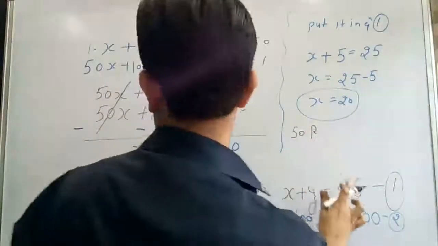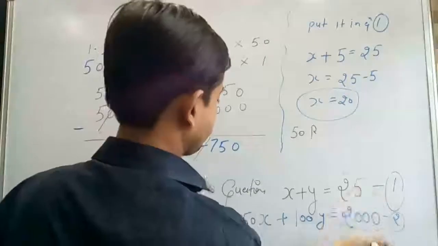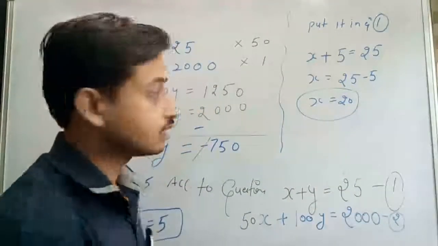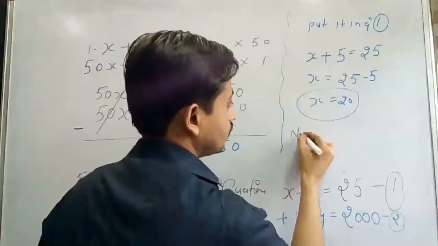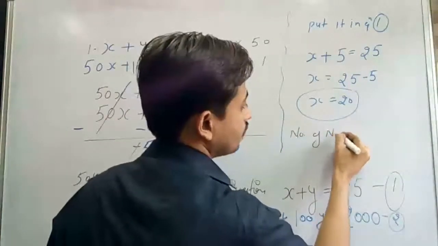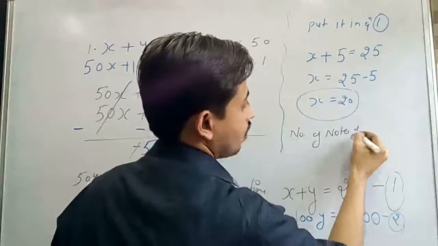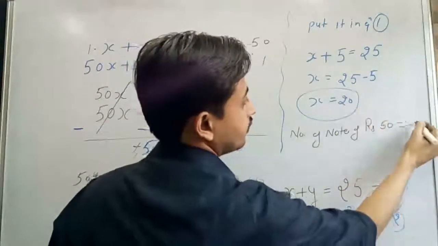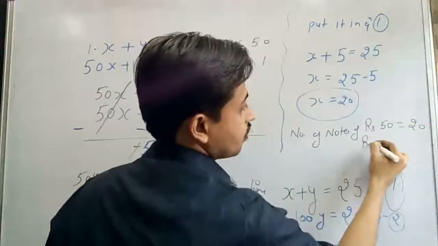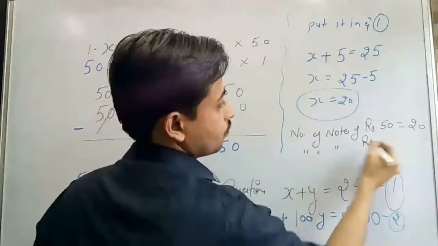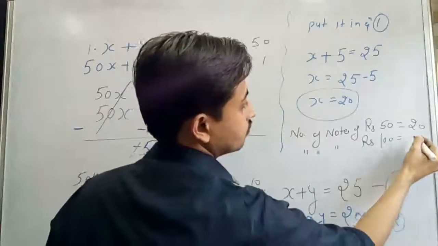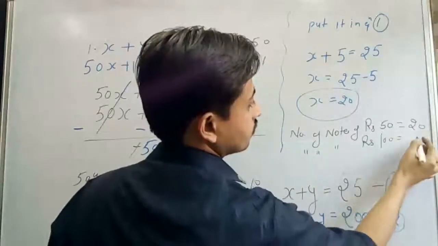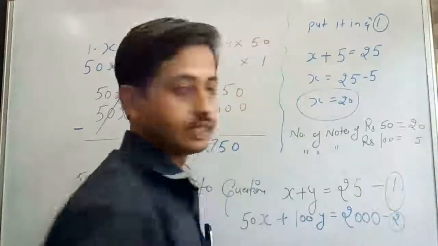Sorry, what do we consider? What we have to do? We consider how many notes? Number of notes of rupees 50 is what? 20. And number of notes of rupees 100 is what? 5.